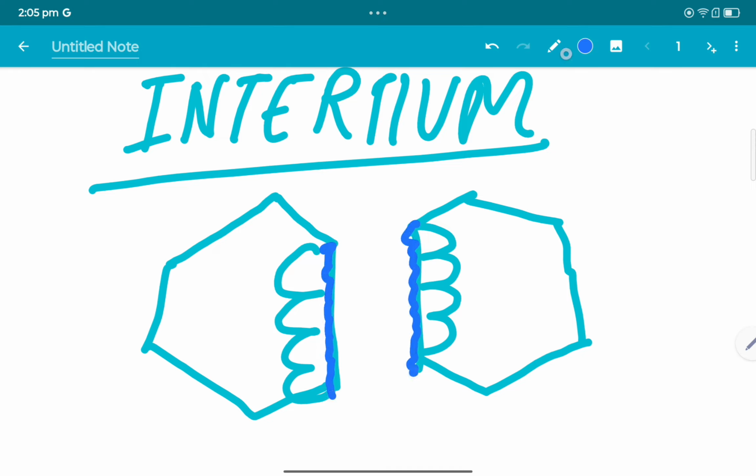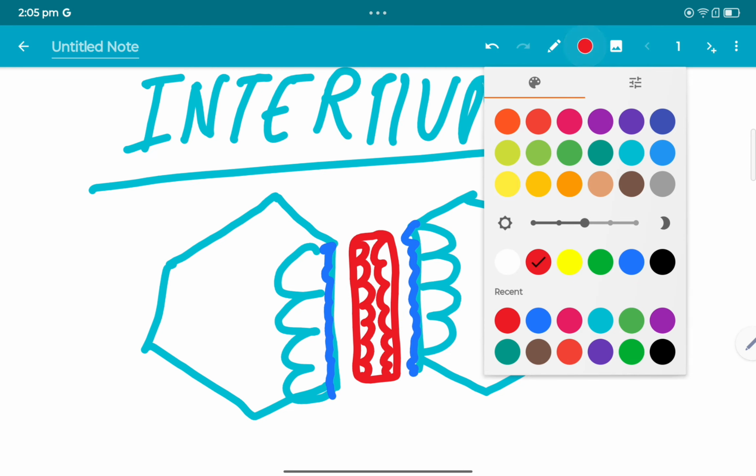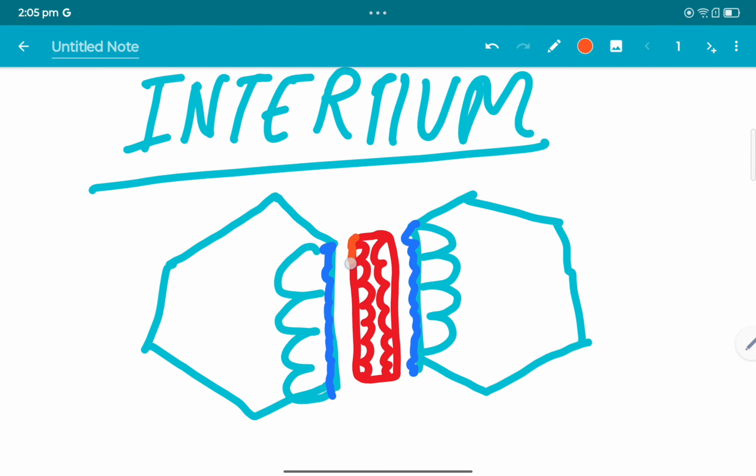Okay, and suppose this is the capillary endothelial layer. This is the endothelial layer of the capillaries, and this layer in orange is the basement membrane layer of the capillary system.